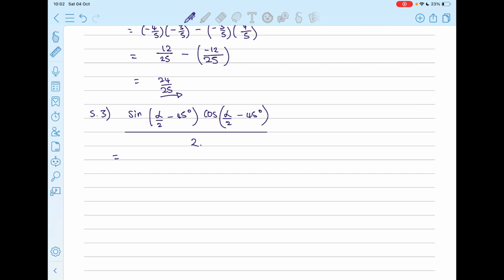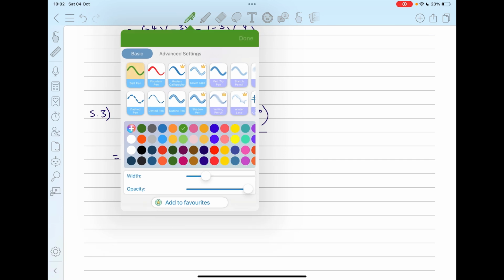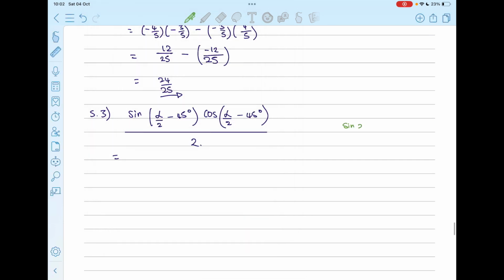Okay, so whenever you see sine and cos and they have the same angle inside their brackets, this hints towards the double angle identity for sine, because we know sine 2 theta will be equal to 2 sine theta cos theta. So we can use this to our advantage and manipulate this expression.